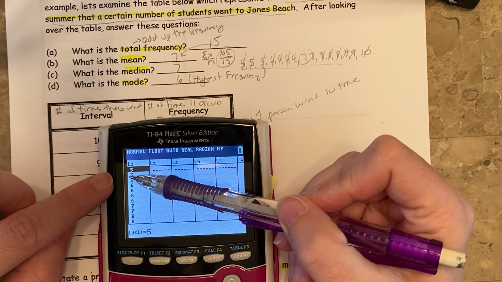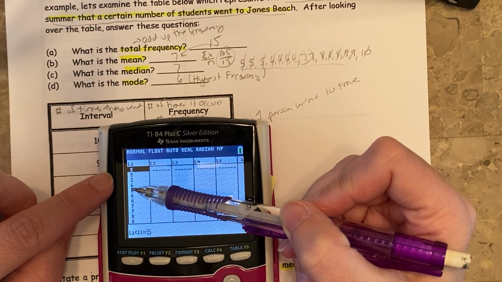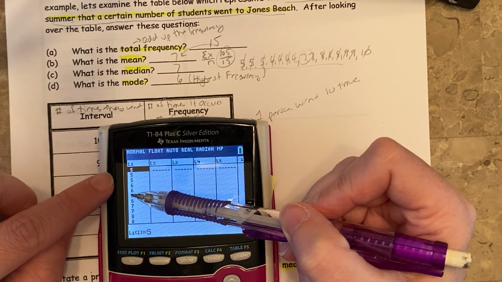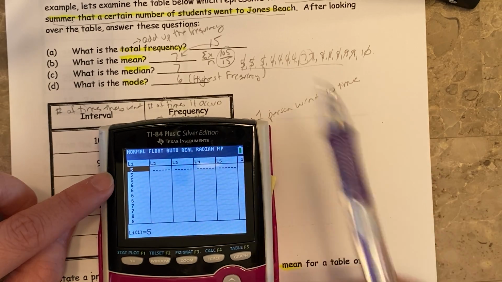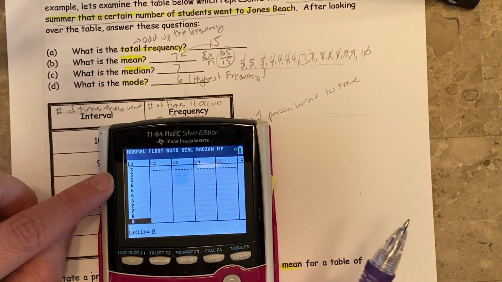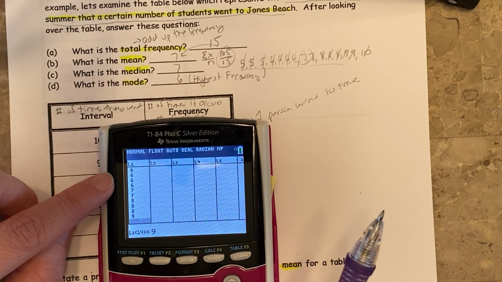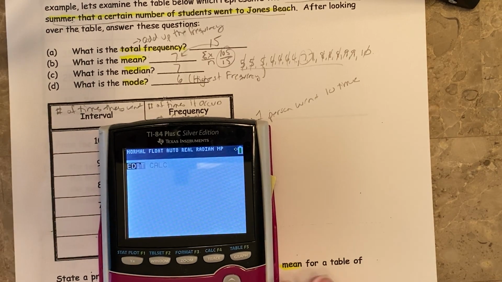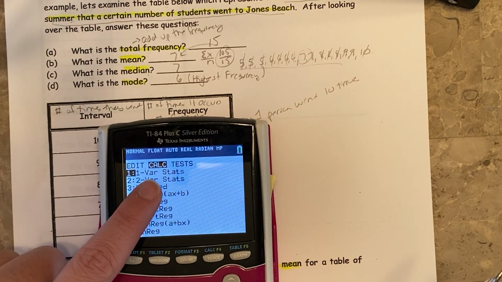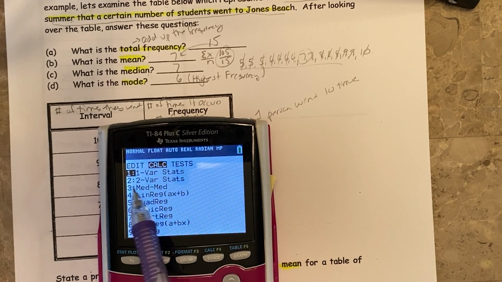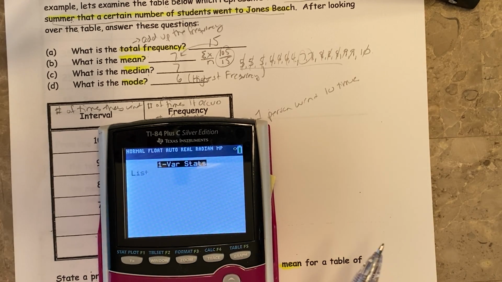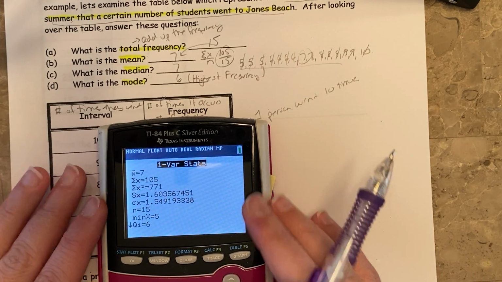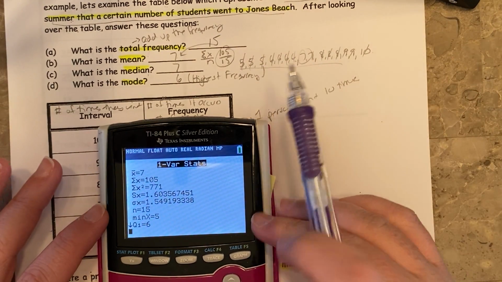I should have 3 5s, 4 6s, 2 7s, 3 8s, 2 9s, and a 10. Okay, good. So remember, stat, calc, 1. Stat, calc, 1. 1-Var Stats, a univariate. Press calculate.